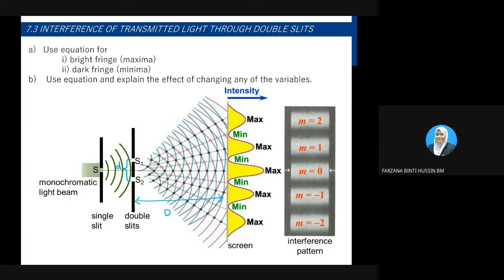Then we have lambda, the wavelength of the source, and the order number. If you look here, m equal to 0 refers to the central bright. This one is the first order of bright fringe, the second order of bright fringe. The same goes for the lower side, because the upper and the lower are the same.